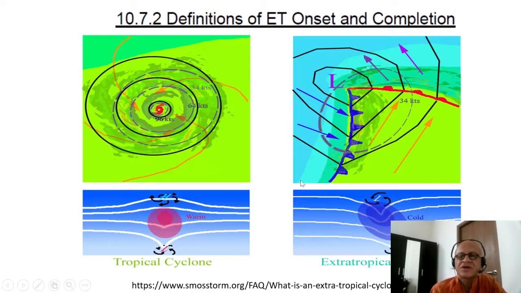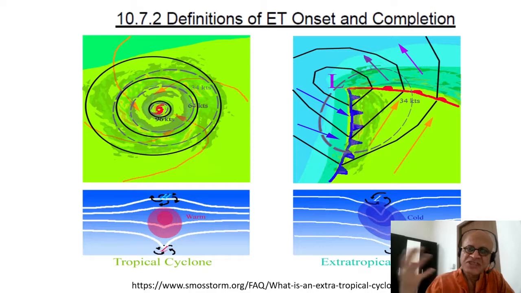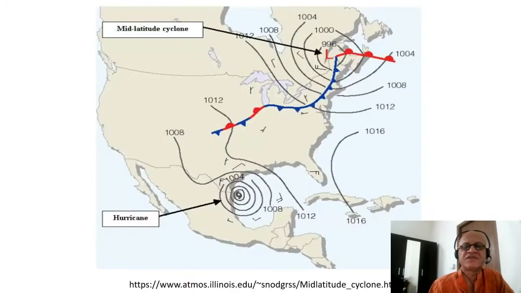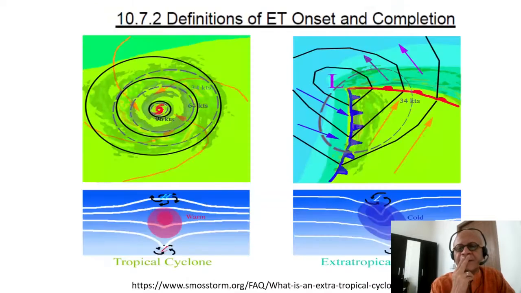So it's this transition from this warm core symmetric structure to this asymmetric structure with the tilt that defines the onset. Completion is, some people argue for a re-intensification, but that's not always agreed upon by everybody else. So obviously these are not strict, as I said before.